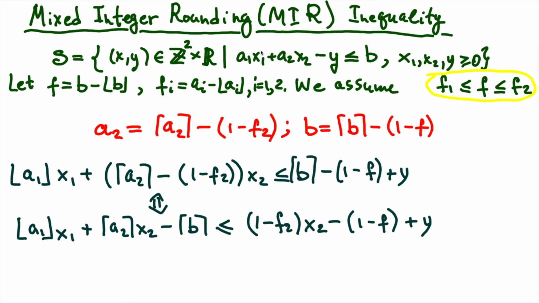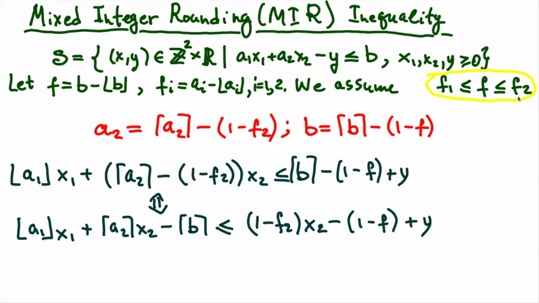Okay, so we have two integer variables x1 and x2. We have a continuous variable y, and we introduce the notation for the fractional part of b, which we denote by f, and then the fractional parts of the coefficients for x1 and x2 are denoted by f1 and f2 respectively, and the assumption is that f1 is less than or equal to f and less than or equal to f2.